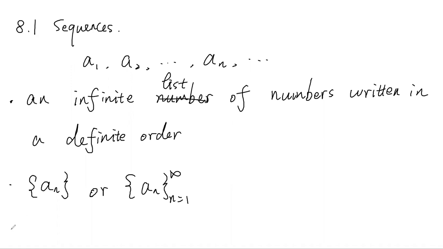And each term, you can consider it as a function whose domain is the set of all positive integers. So for example, an is given by some function of the positive integer n, and the nth term is given by this function.